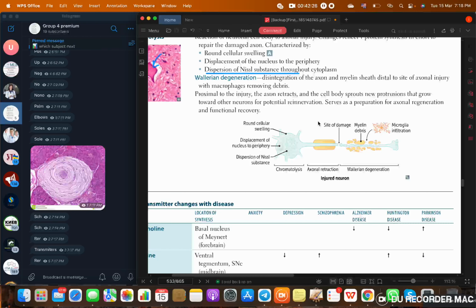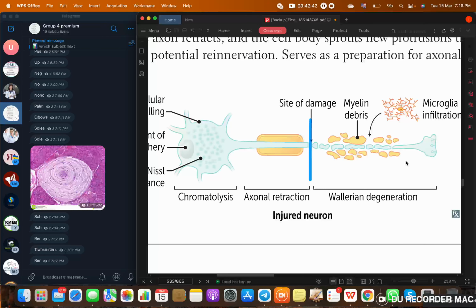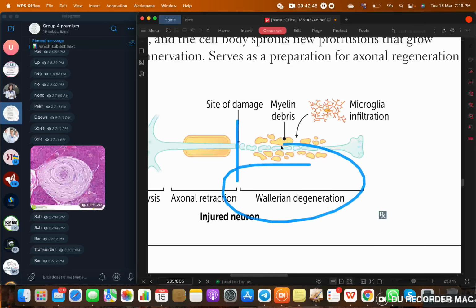So Wallerian degeneration will happen distal to the cut, as you can see here. They write, disintegration of the axon and myelin sheath distal to the site of axonal injury with macrophages removing the debris. So after the cut, everything after that will have Wallerian degeneration, and the macrophage is going to eat it.